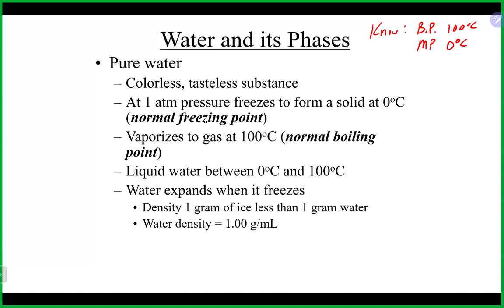Water expands when it freezes, and one of the properties we talked about with water is, typically speaking, if you do need a density value for liquid water, usually we use 1 gram per milliliter, and that is a pretty go-to number if you do need the density of water.